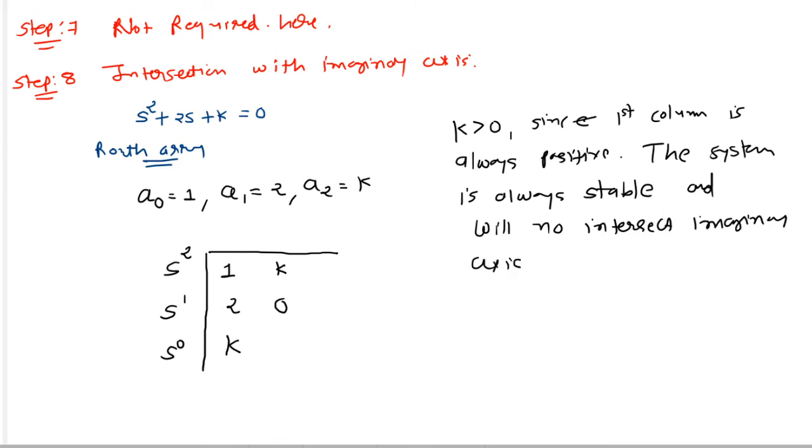Here we know that the first column is always positive and k is greater than 0, so the system is always stable and will not intersect with the imaginary axis.